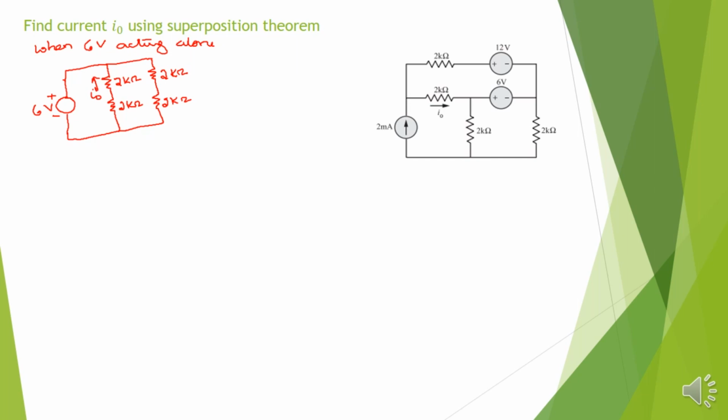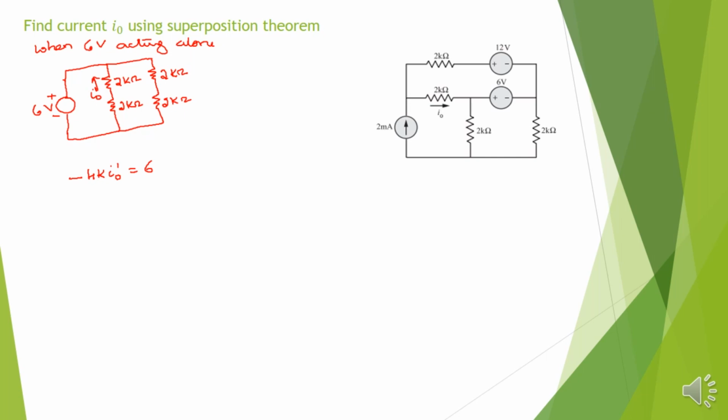So whenever the source is connected across passive elements, the voltage drop across the passive elements remains the same. Correct? If I trace the path from lower potential to upper potential, then it is the same potential. So what is the voltage? Minus 4 kilo I naught dash equal to 6, because the current direction and path direction are the same.